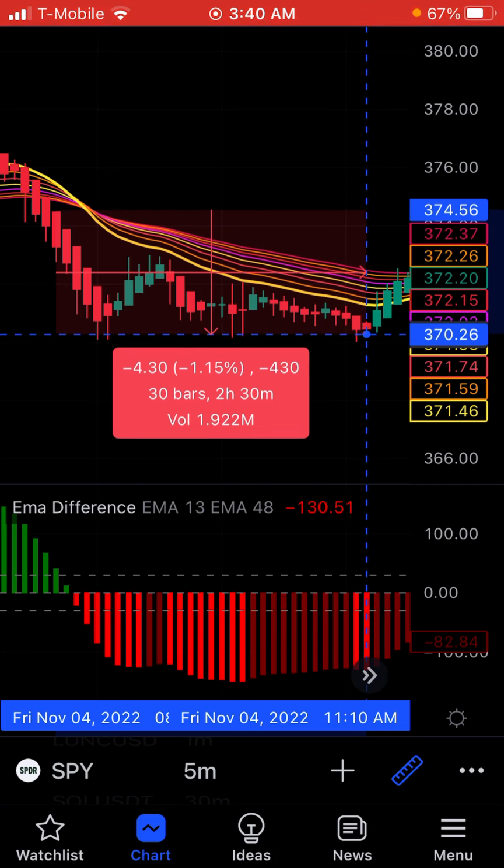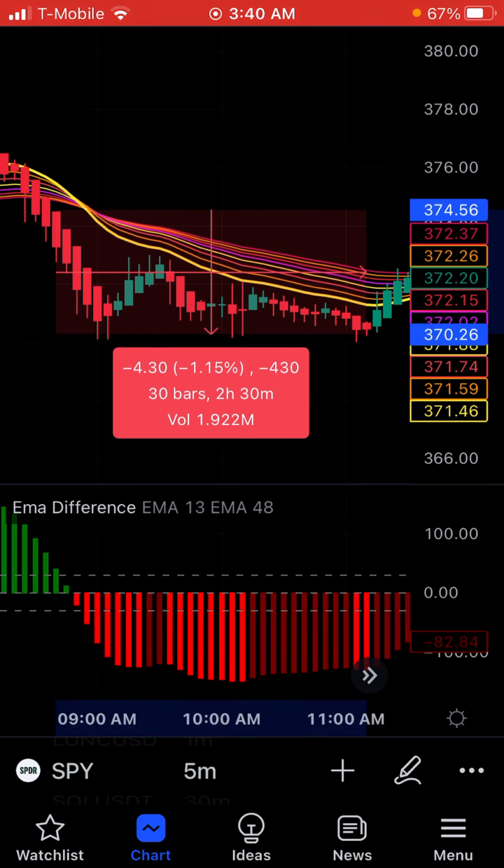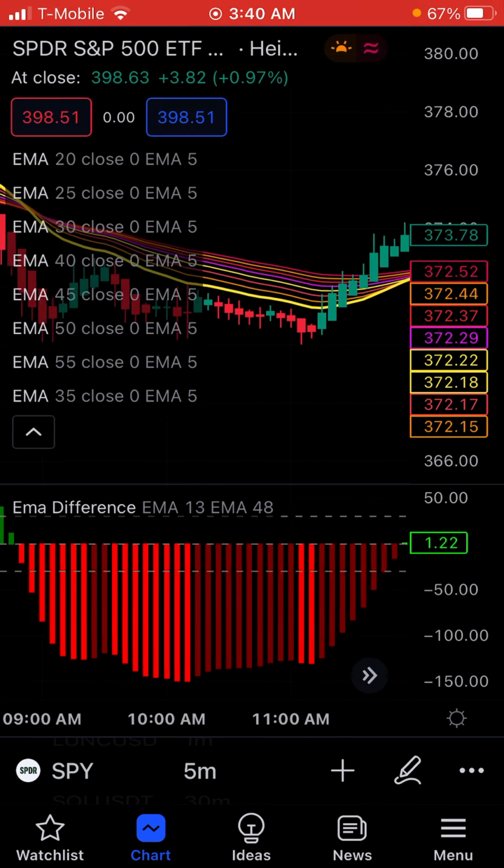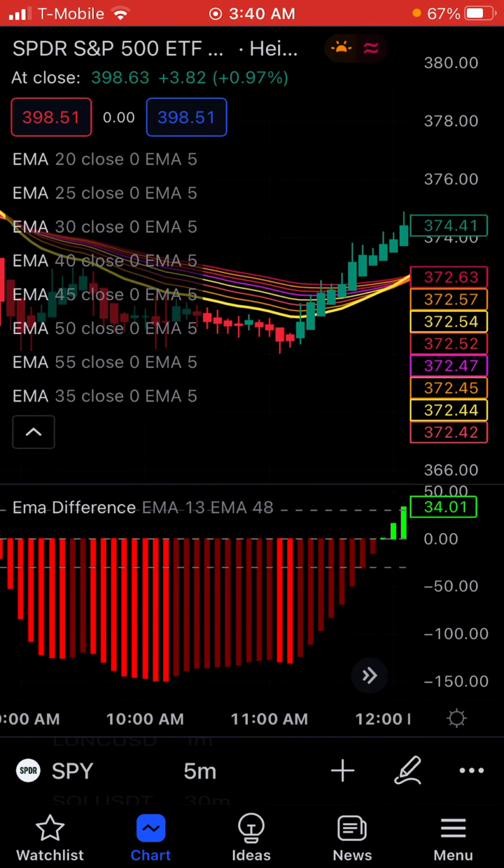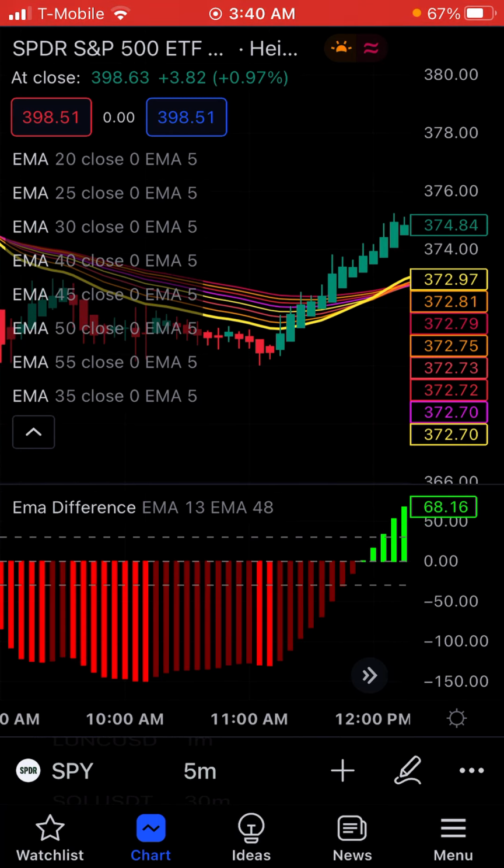That was 2 hours. Difference of price about $430, so that was a little over $250 right there. You could tell because look at what the 20 EMA starts doing. You can see it happen before it happens.